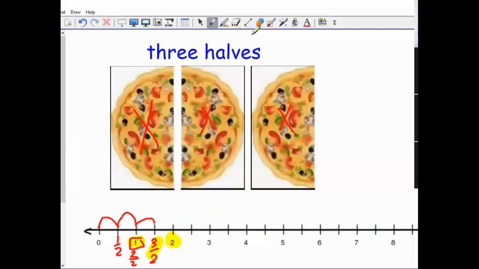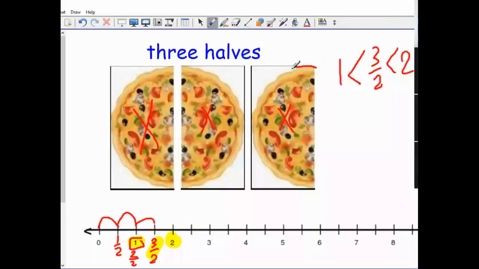So I can say that 3 halves is greater than 1 because it comes after 1, but it is less than 2 because it comes before 2. So 3 halves is greater than 1 and less than 2.